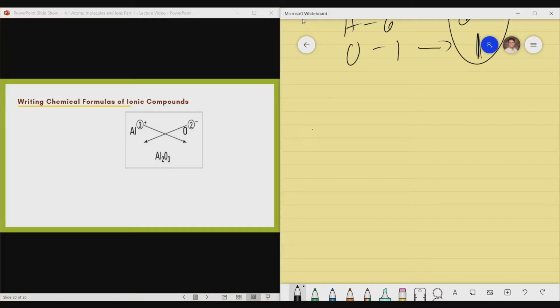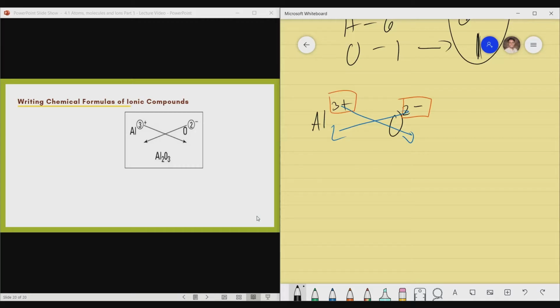Sige, example. We have here aluminum 3 plus and then oxygen 2 negative. Explain ko step by step paano nangyari to. The first step, alamin kung ano yung mga charges. Next step, criss-cross. Napakadali lang. Yung 2 negative, mapupunta lang kay aluminum.